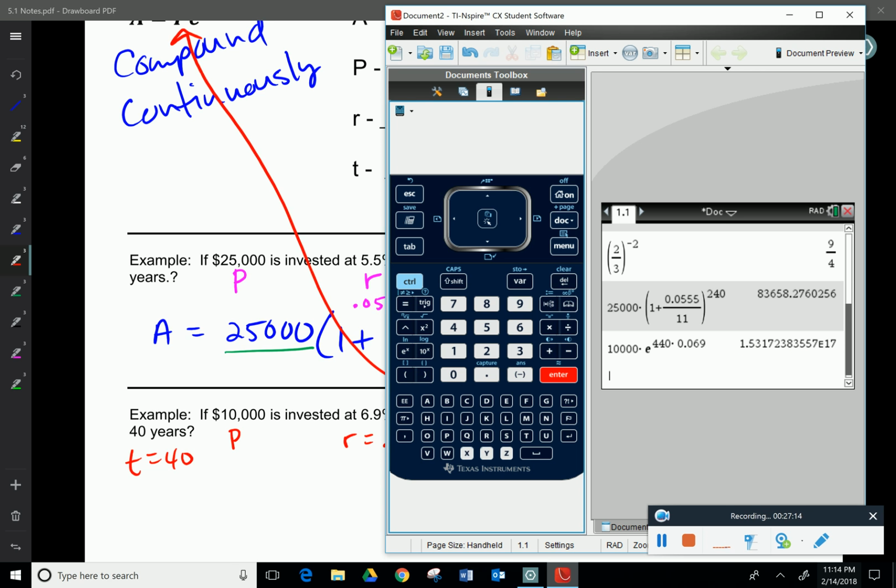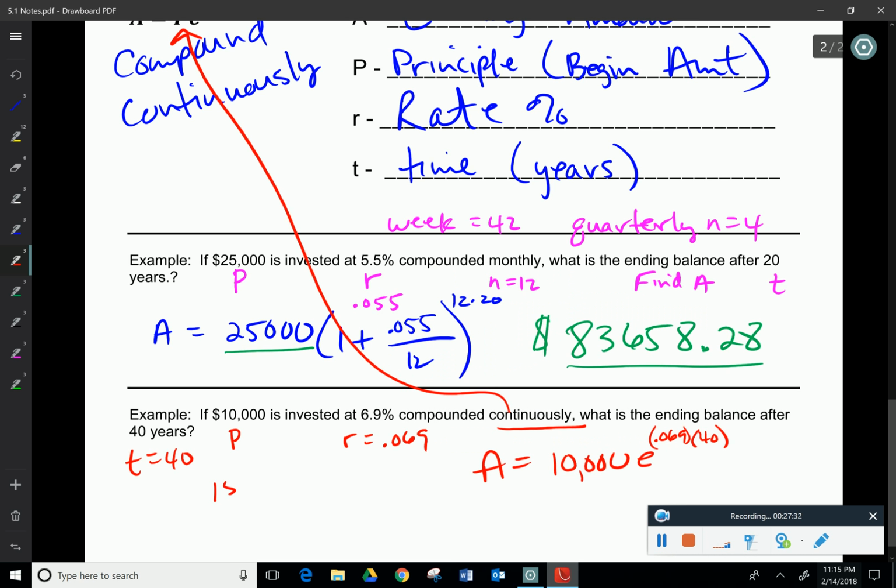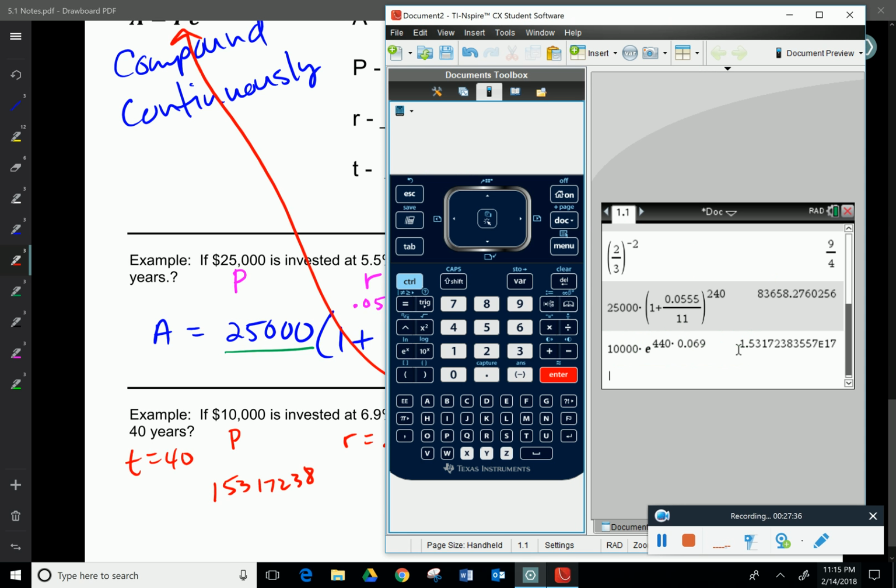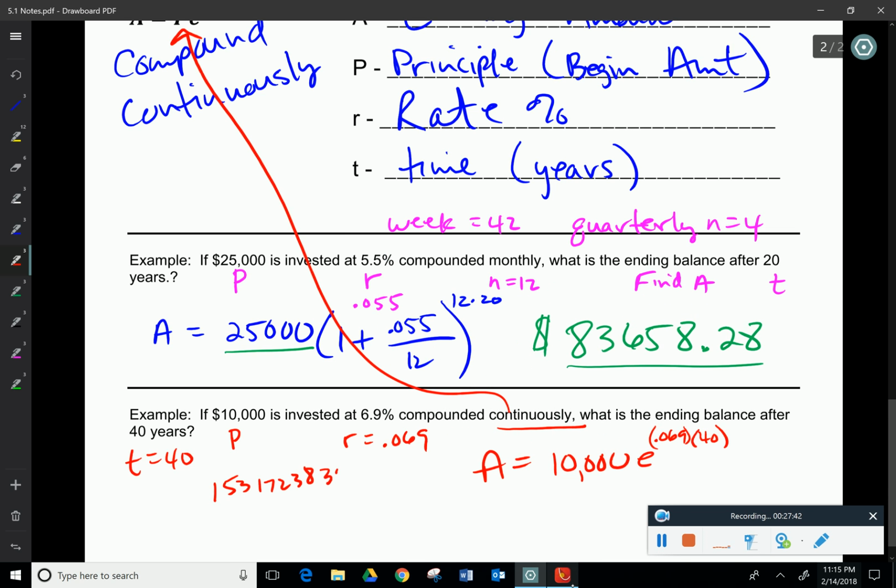I mean, if I want to think about it in terms of actual dollars, well, this would be a crazy amount. Let's see, I would have 1531723 and then what do I have? 3557. Remember, the decimal was originally right here, so I've moved it 1, 2, 3, 4, 5, 6, 7, 8, 9, 10.